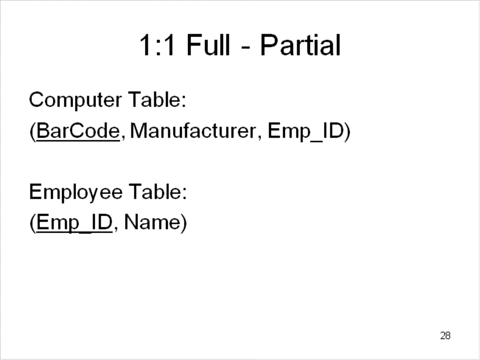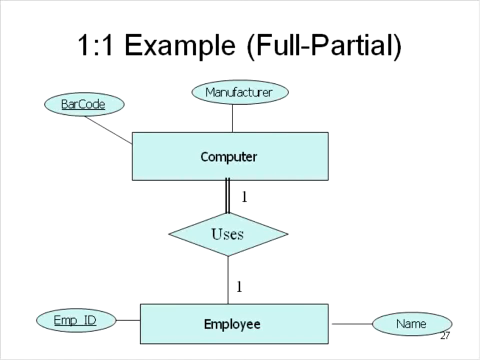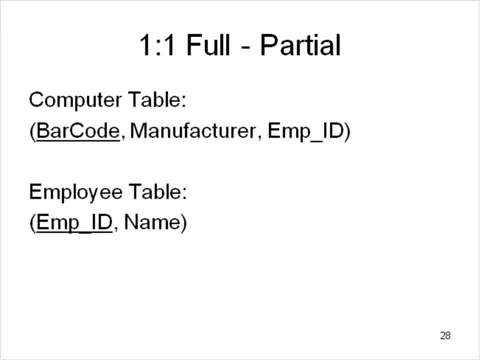So the table would be, going back again to slide 27, there is a partial participation between the employee and computer, but a full participation between computer and employee. So the computer table would have its own primary key barcode, its own attribute, but also the primary key of the employee table as the foreign key.